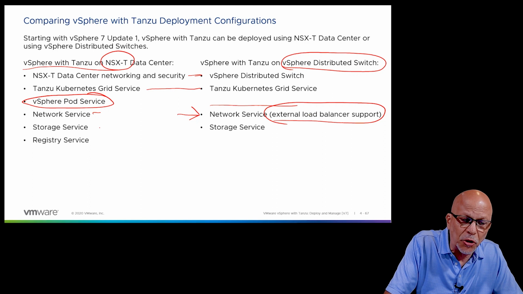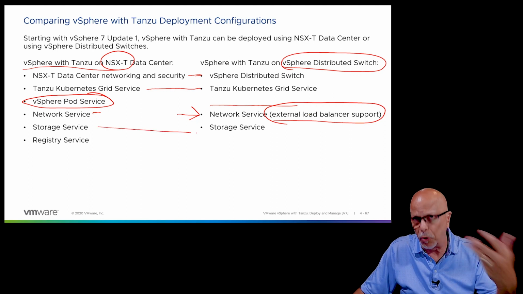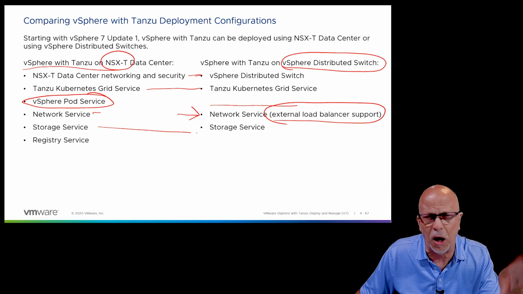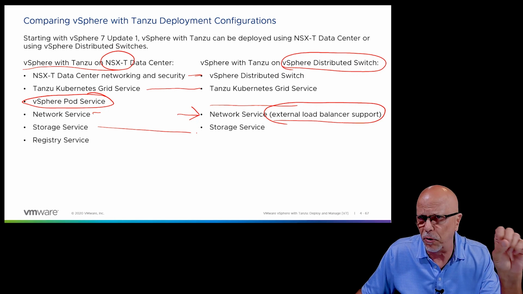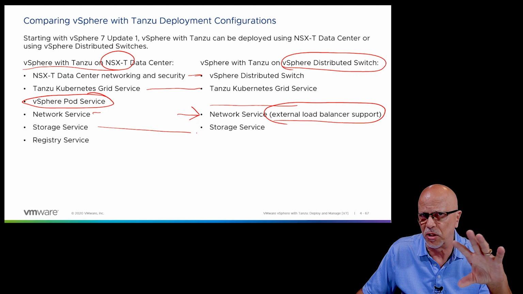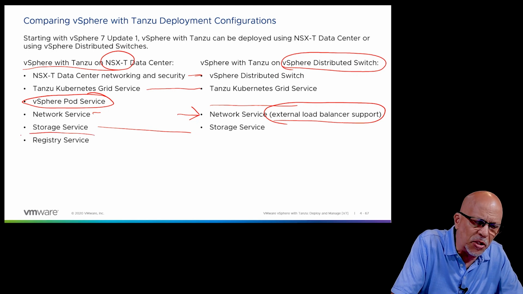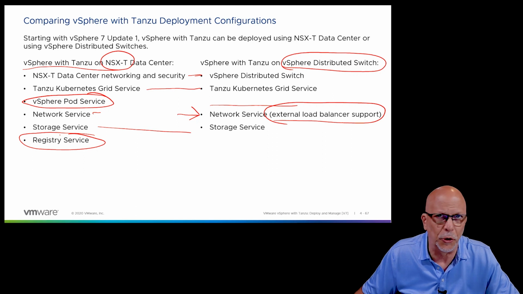We still have our storage service that we went through earlier, the ability to use the CNS that plugs into the CSI and to be able to do persistent volumes and persistent volume claims. That's still there. But we also are missing the registry service.